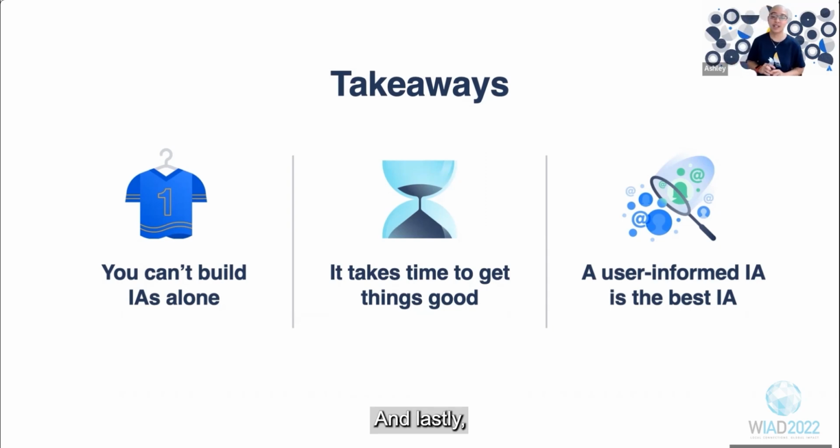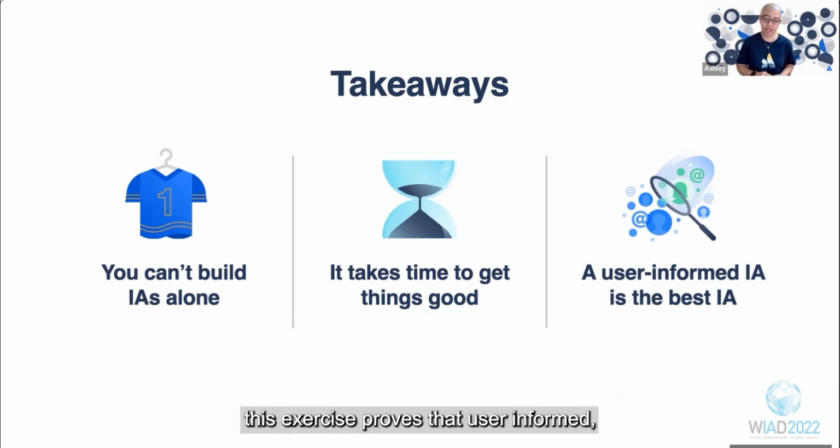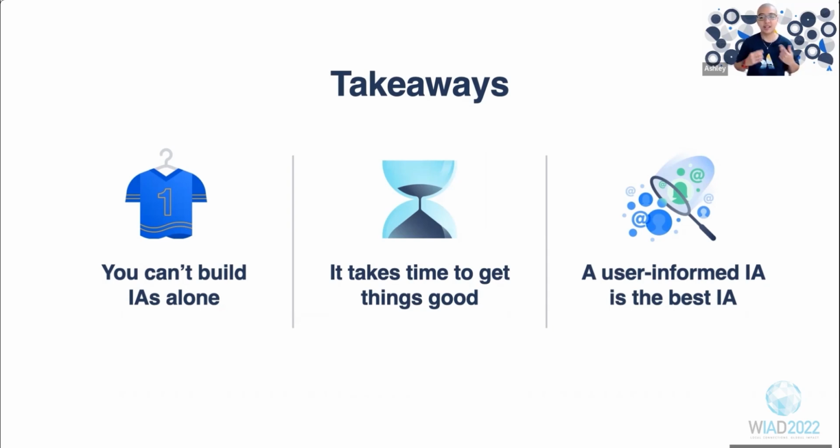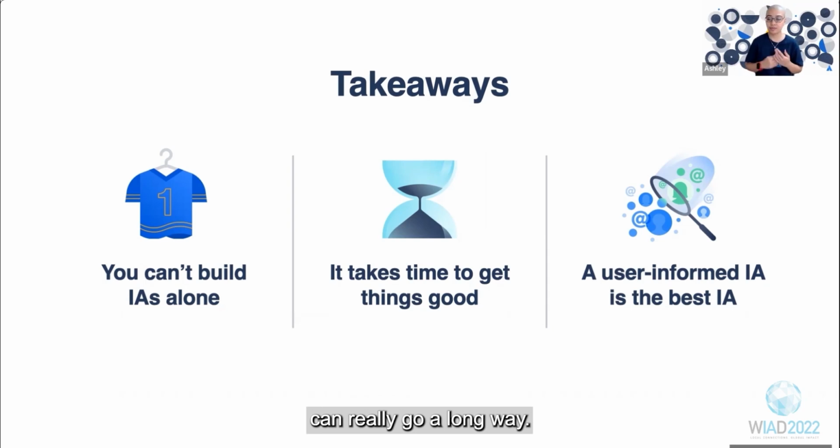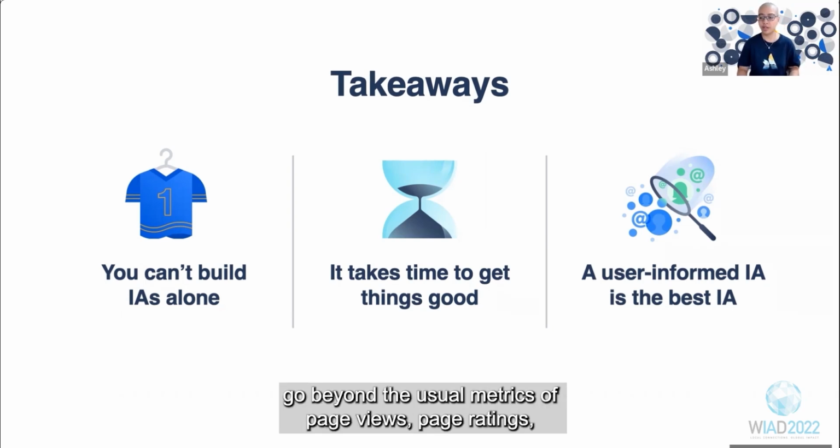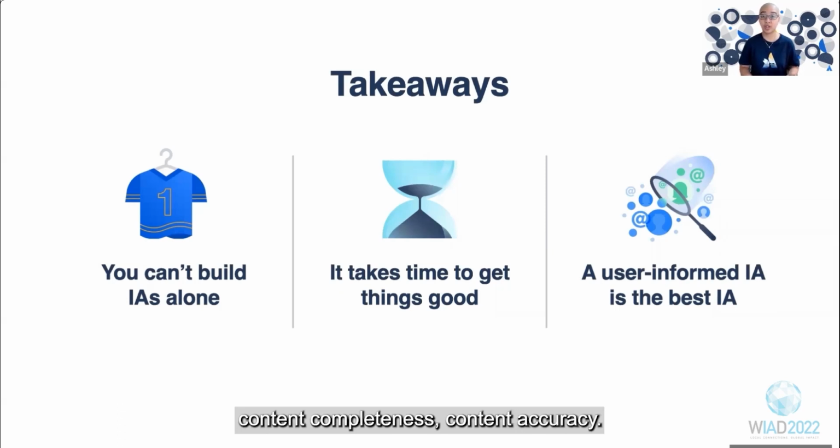And lastly, this exercise proves that user-informed, user-focused, user-centric IAs can really go a long way. Intuitive IAs actually go beyond the usual metrics of page views, page ratings, content completeness, content accuracy.